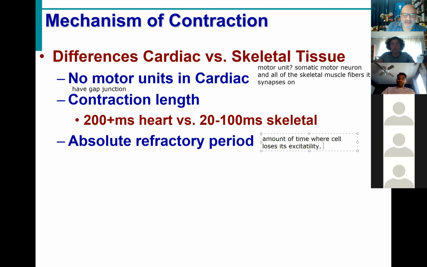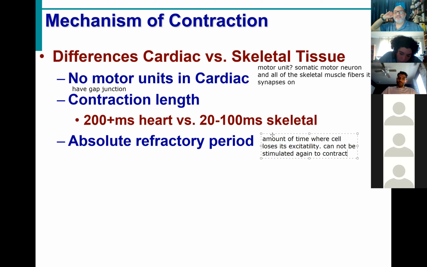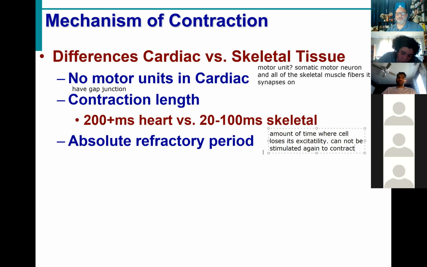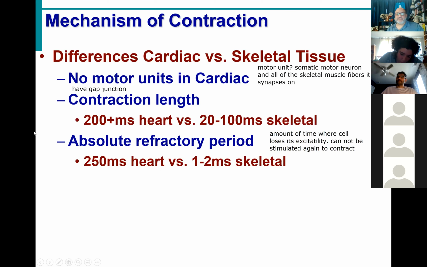It cannot be stimulated again to contract. Now, how long was that absolute refractory period in a skeletal muscle? Was it around 4 milliseconds? Yeah, or less, really. It's like 1 to 2, maybe 1 to 5 milliseconds. It was incredibly fast.